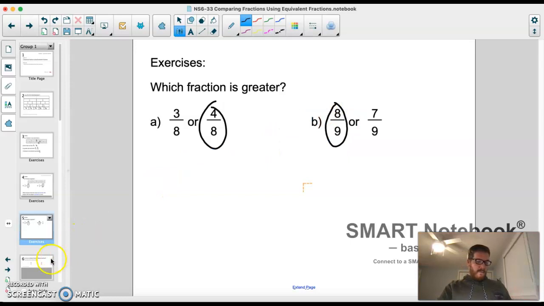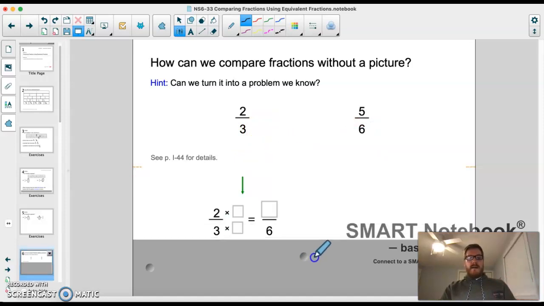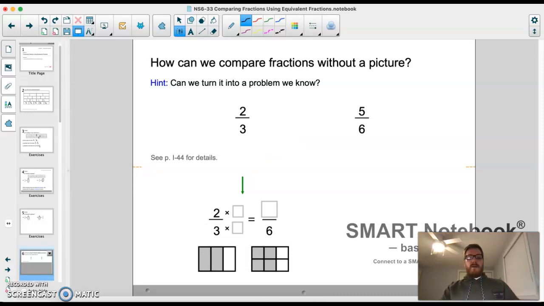Where we go from there is we start looking at two fractions that have different denominators. The nice thing about this one is that if we had a little pictorial representation, something like this, we could show how the first fraction, 2/3, could be divided to look like the second one.